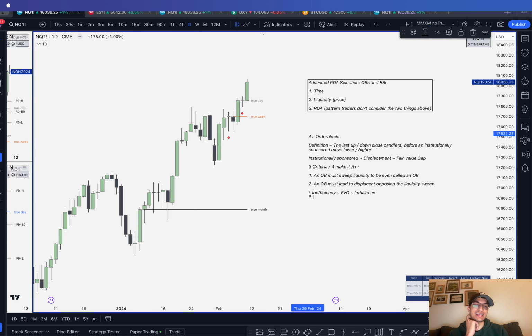What's the second thing that displacement must have? It's the big S word that I always use. What confirms displacement? You can have an FVG, but what really confirms displacement? No wrong answers here.